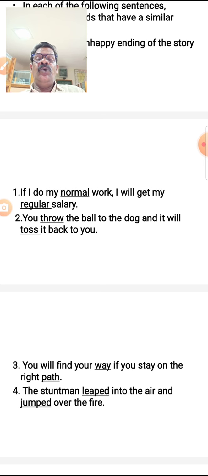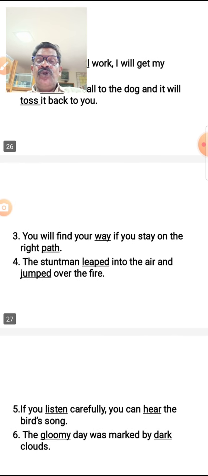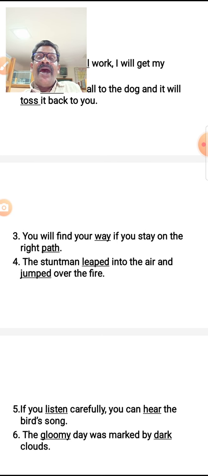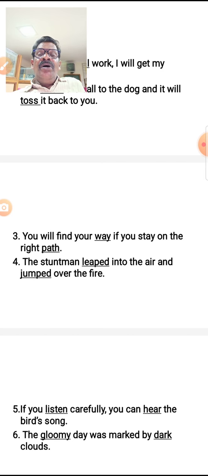Now let us come to the third sentence. You will find your way if you stay on the right path. Way and path have similar meanings, same meanings. And now the fourth one.